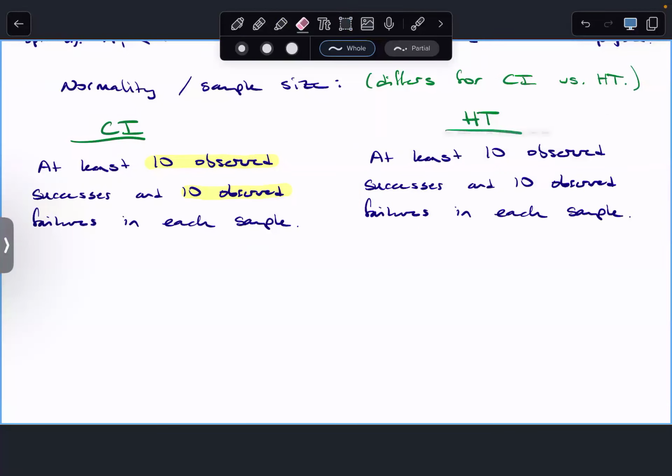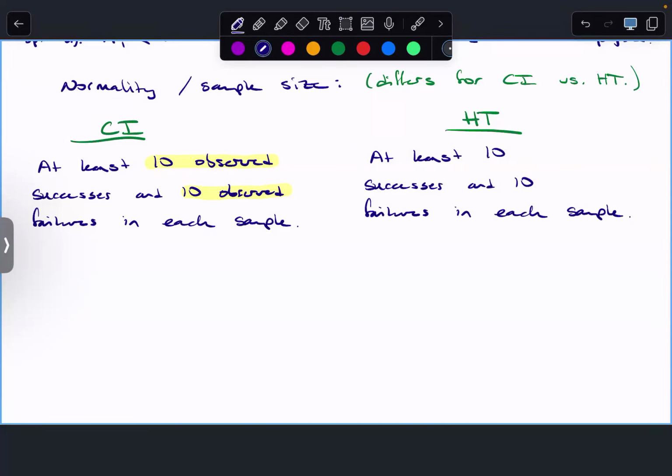So now I'm going to paste this over. The only thing that's changing is the observed is not going to be observed. What was it for the hypothesis test for one sample proportion? Well, we had to have at least 10 expected or hypothesized successes and at least 10 expected or hypothesized failures.